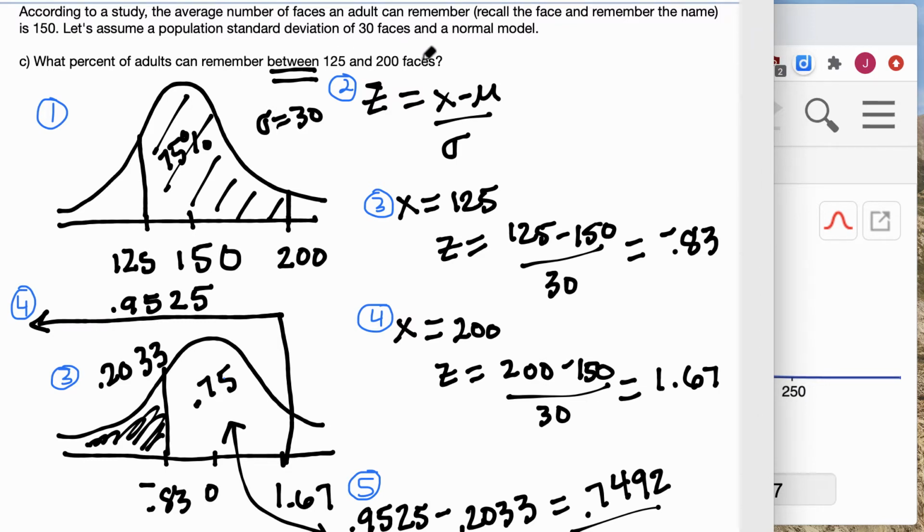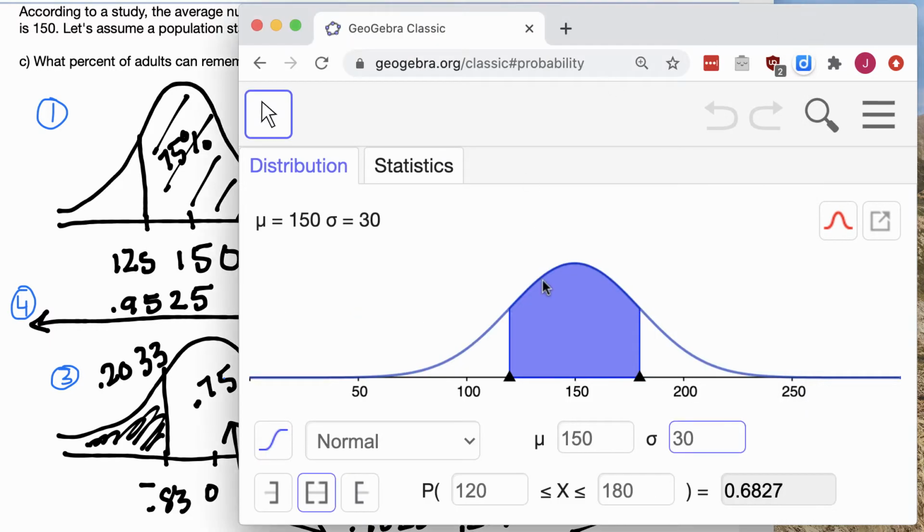So 125 and 200 are the cutoffs for this region that tell us the percent of people that fall into that region. On our normal distribution, we need to change the two endpoints in the bottom part of our graph. The bottom left part of GeoGebra tells you which side you're going to be finding your area in.